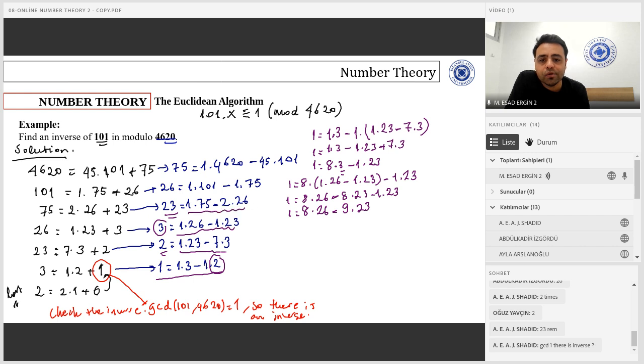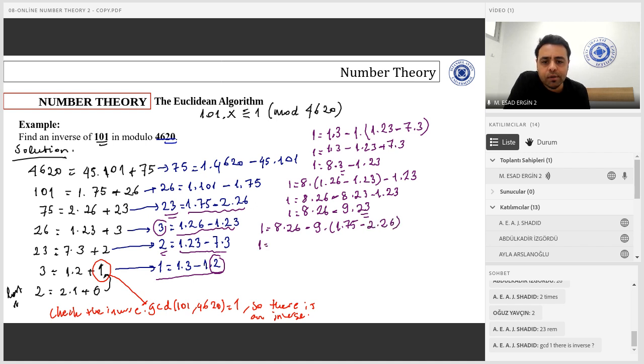The next one is 23. I'm going to substitute it with this expression, which is here actually. So 1 equals 8 times 26 minus 9 times, what is the 23? It is 1 times 75 and minus 2 times 26.